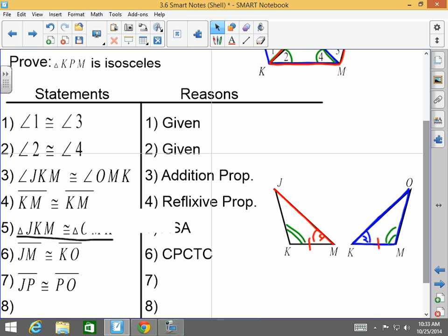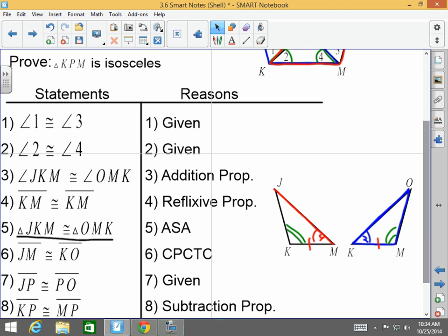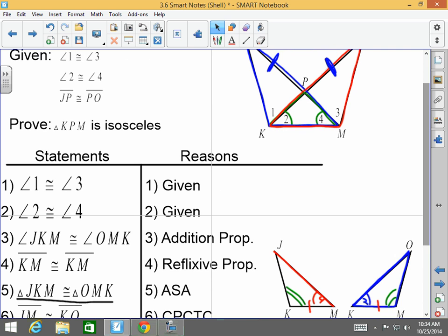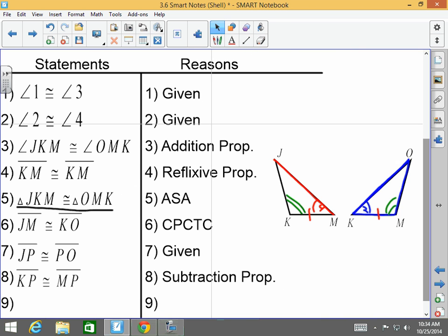And then we have JP is congruent to PO. That's a given. So therefore, KP must be congruent to MP because of subtraction property. So now we know that this guy is congruent to this guy. And now we can clearly prove that triangle KPM is isosceles because of the definition of an isosceles triangle.